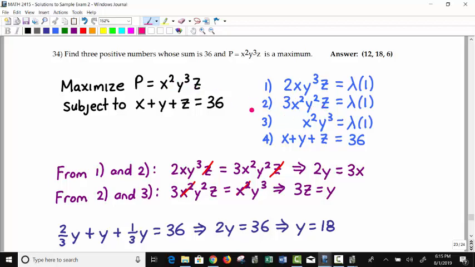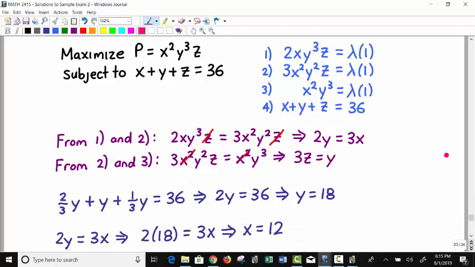The z partial then will be just x squared y cubed. And then the x, y, z partials for the constraint would all be 1s. So you have lambda, lambda, lambda. And then the bottom constraint, x plus y plus z equals 36.